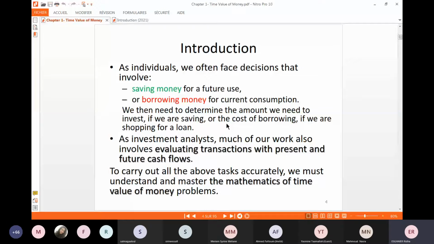Also, as professionals, for example, as investment analysts later, much of our work will require evaluating different transactions that occur in the present or in the future. We will use different cash flows, different inflows of money or outflows of money that occur at different times.